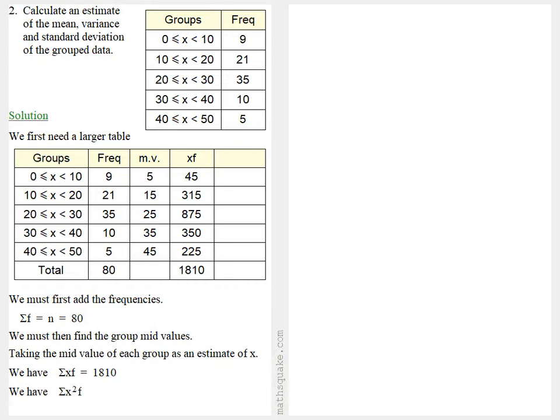And then finally we need to find the sum of x squared f. So we have a column for x squared f, and that means we take the value of x, square it, and then multiply by the frequency.